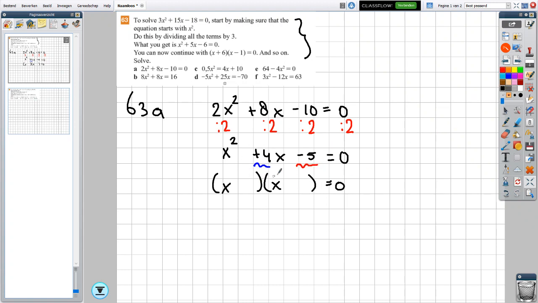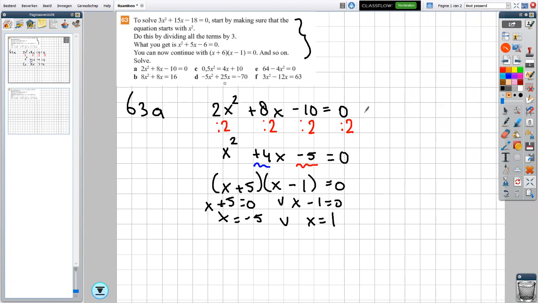Well, I think the only possibility here is plus 5 and minus 1. A times B equals 0, so either the first thing is 0 or the second thing is 0. Balanced methods, x is minus 5 or x is 1.